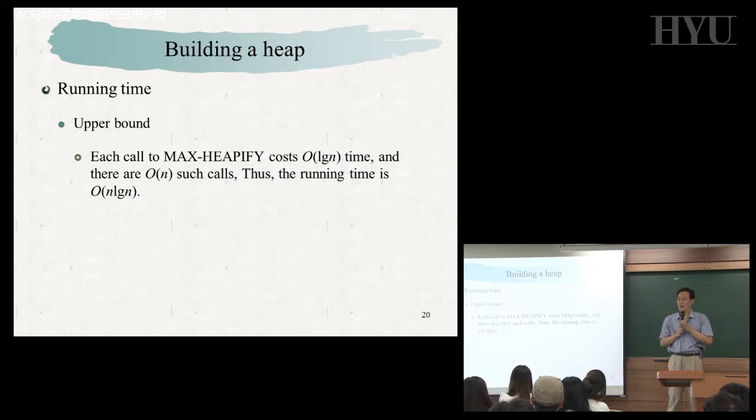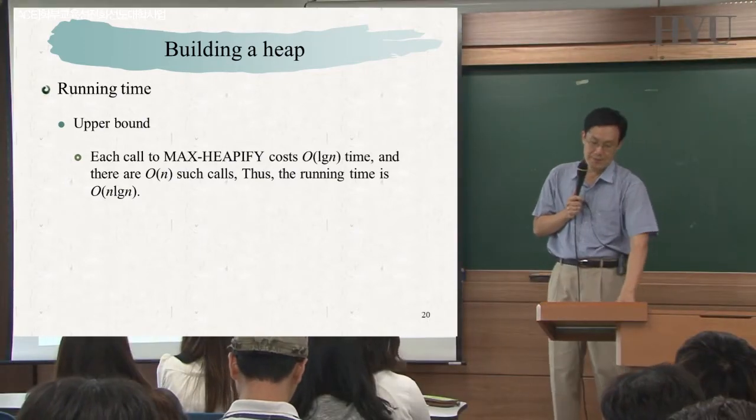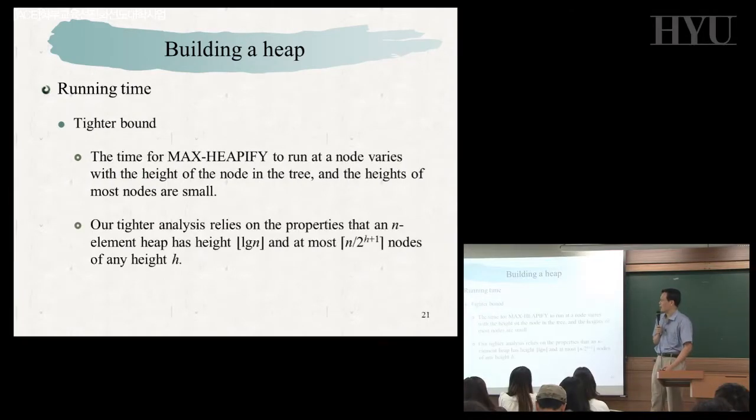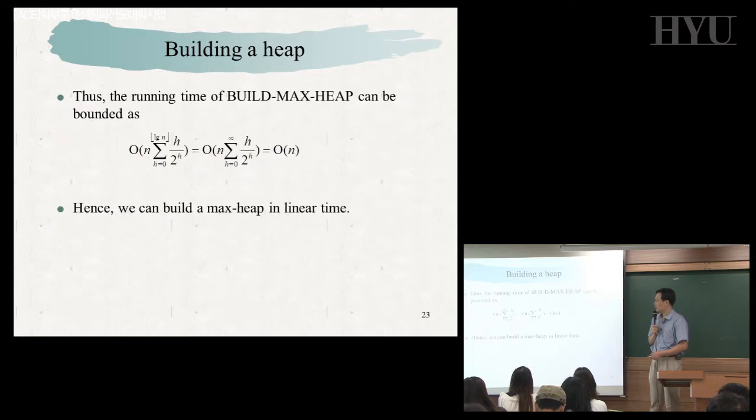So a rough calculation leads to big O of n times log n. But a careful calculation leads you to it is big O of n.